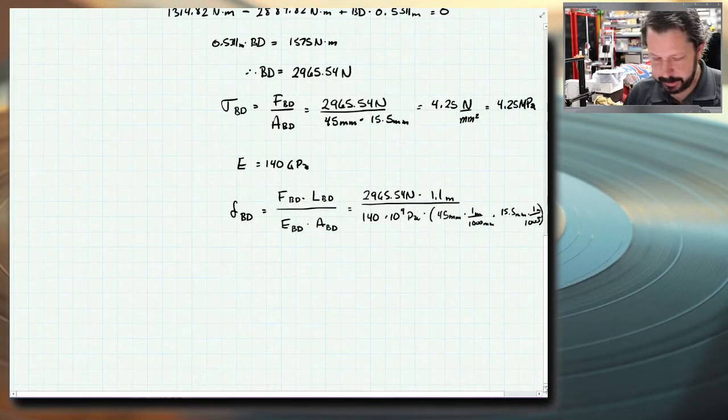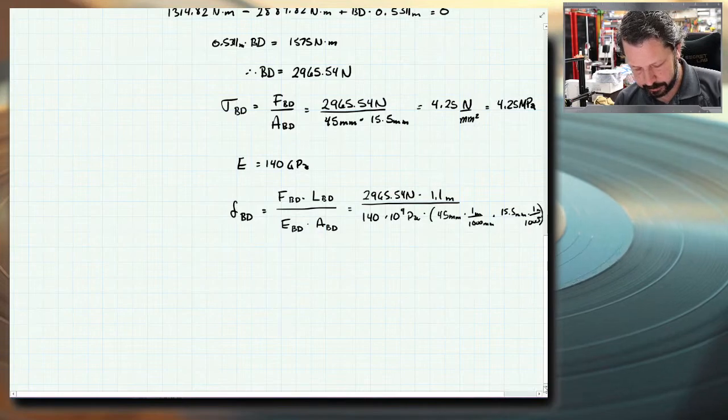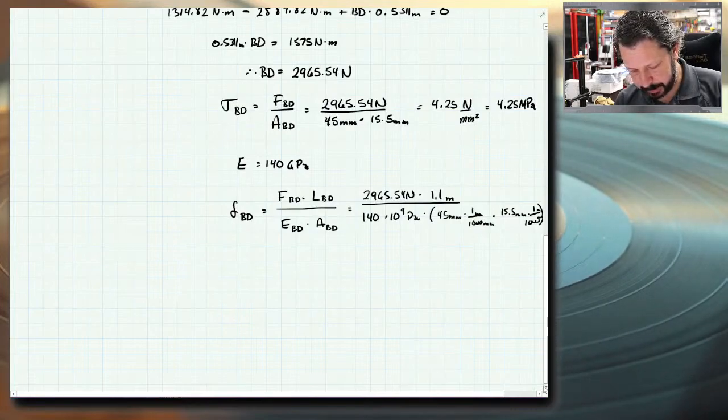So let's see what we get for this. 45 divided by 1,000 times 15.5 divided by 1,000. It's going to give us a tiny number, but then we multiply it times 140 times 10 to the 9th. So we end up with a relatively large number in the denominator.